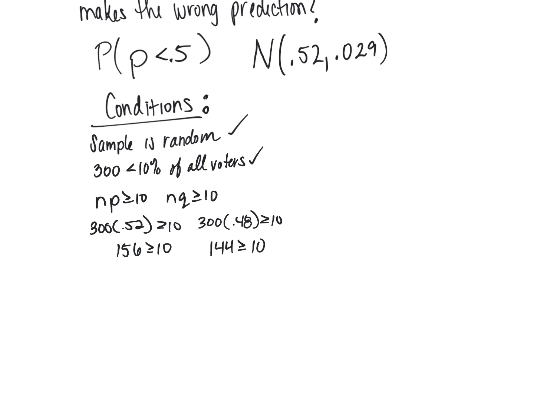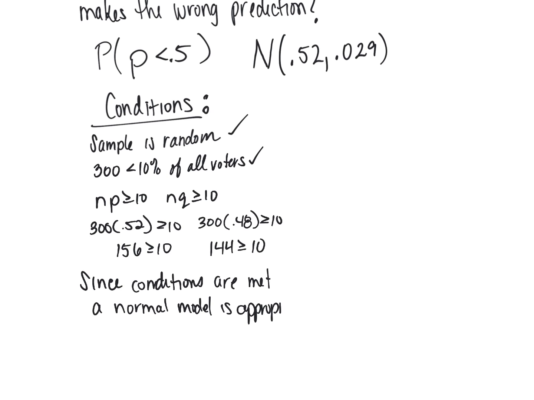Now I know that a normal model is appropriate, so since conditions are met, a normal model is appropriate. And we're going to use the z-score.